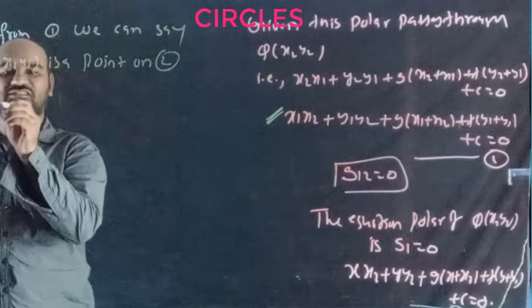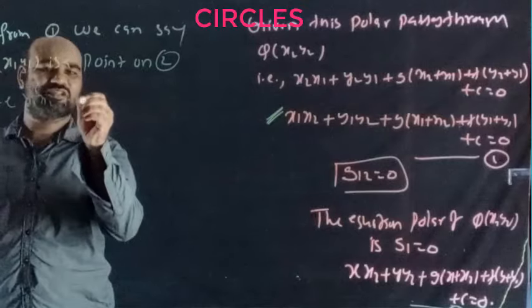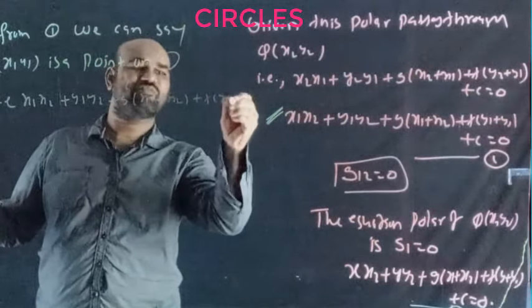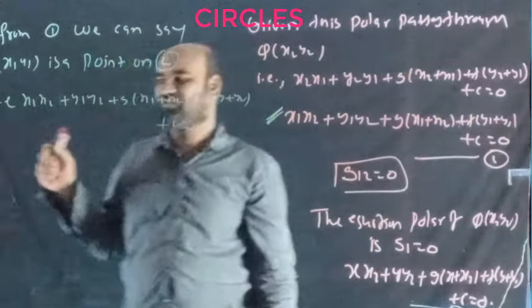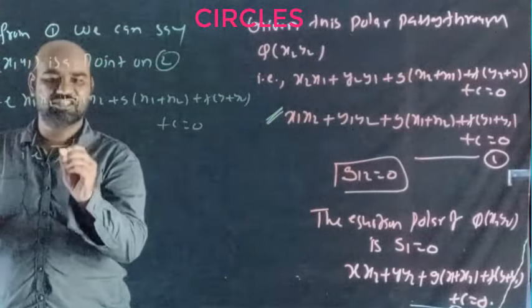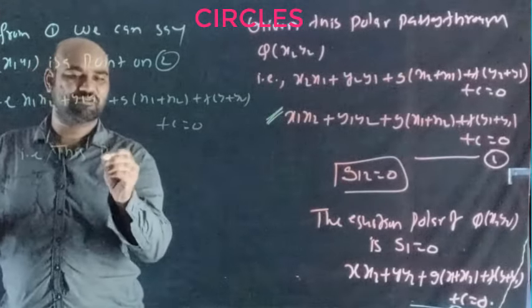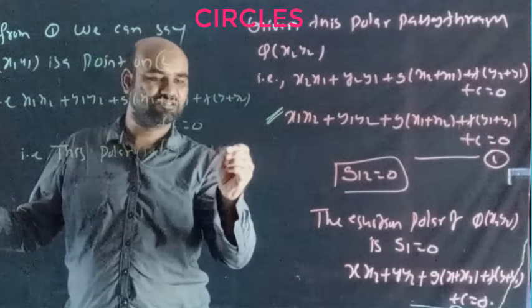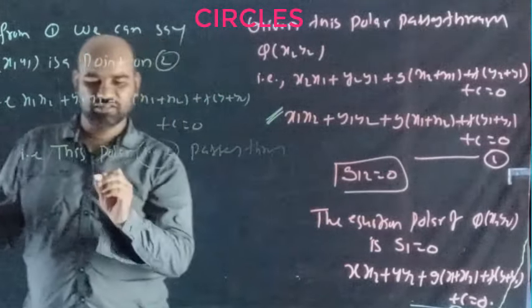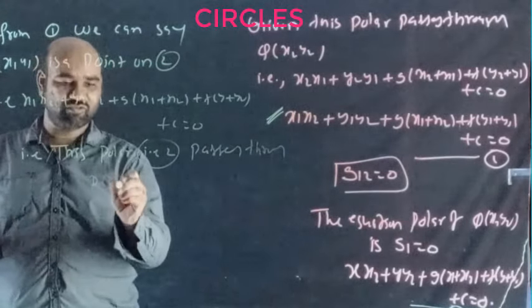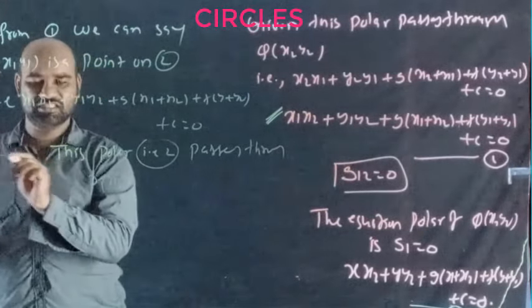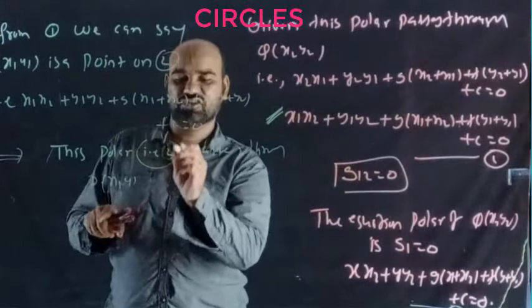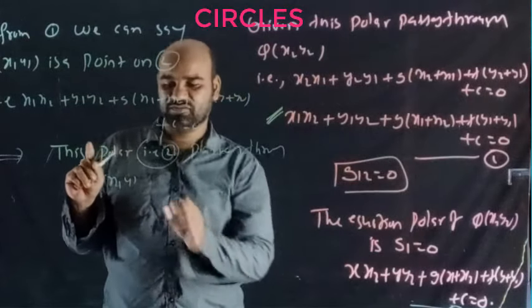That is x1 x2 plus y1 y2 plus g times of (x1 plus x2) plus f times of (y1 plus y2) plus c equal to 0. So this polar, that is equation 2, passes through P (x1, y1).